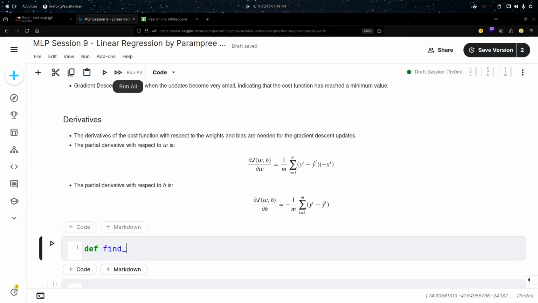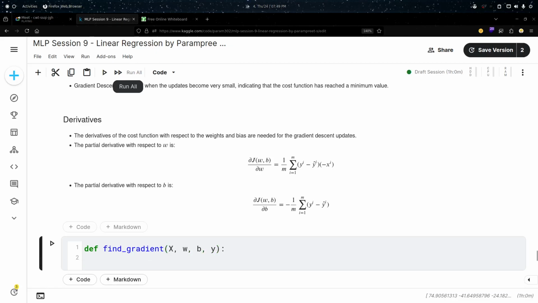Let me write it like this: def find_gradient, and in find_gradient I'll simply pass x, w, b as well as y. Let me extract the number of samples and the shape we have. Now for each of the w and for the b, I need to find the gradient.